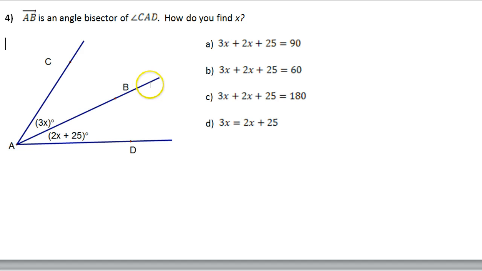Bisector means to split something in half. So if AB is an angle bisector, it's splitting the larger angle into two equal halves. So that means that the 3x should equal the 2x plus 25. That would give you this equation in D. So that's why D is going to be the answer.